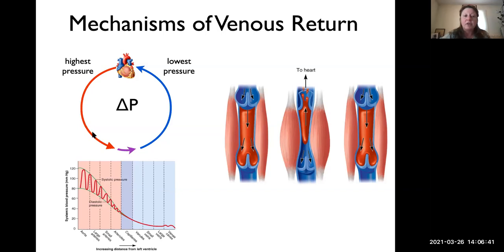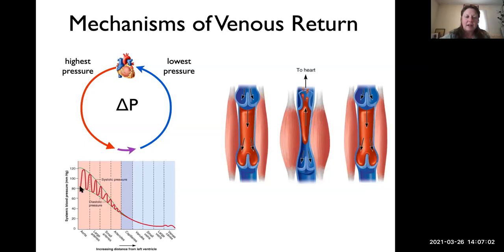As the blood moves through the arteries and the capillaries back to the veins, the pressure has to continually get lower. If the pressure in the veins were higher than the pressure in the capillaries, then blood would flow backwards and would defeat the whole purpose of circulating.